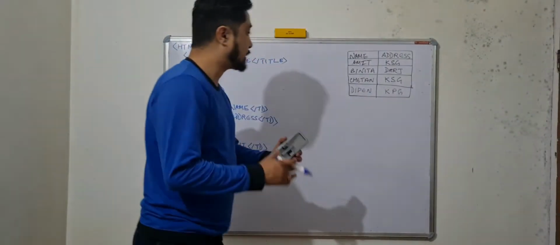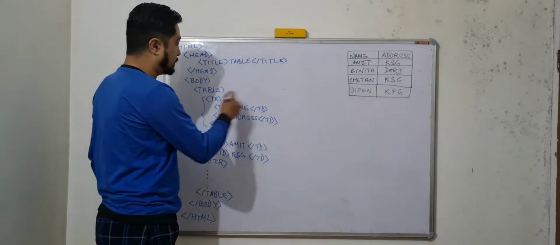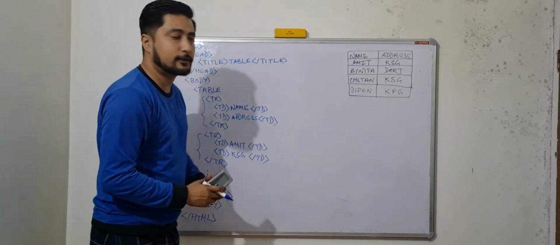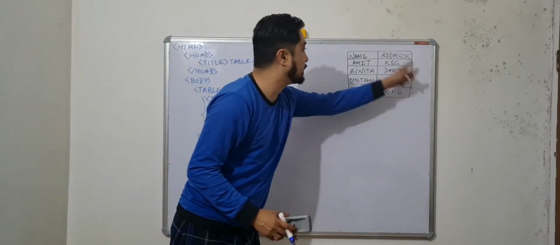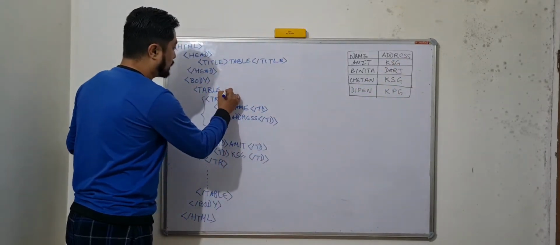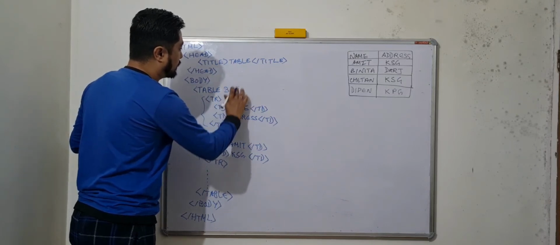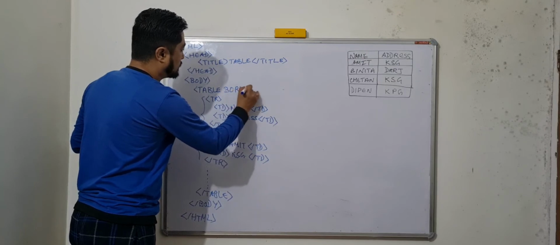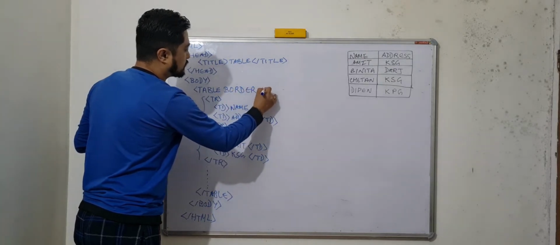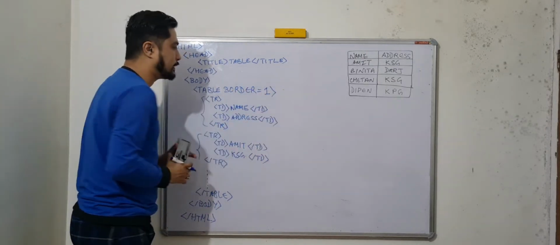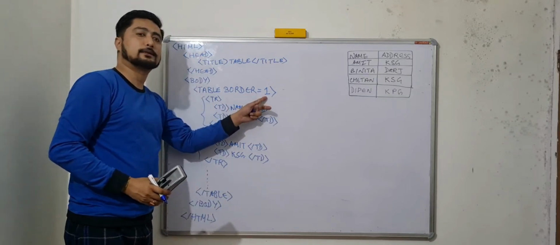Again, see, when you create this table, we have to give the border. If you don't give the border, the border will not be created. Write border equals to, suppose, 1, 2 or any number. This is the thickness of the border.